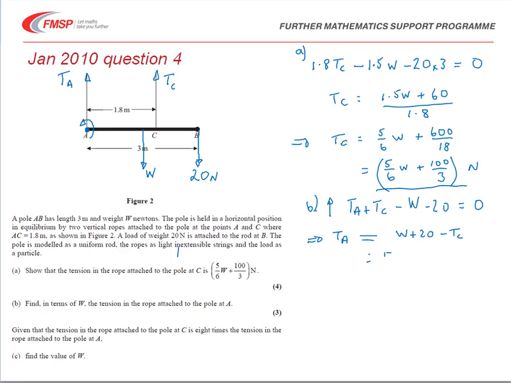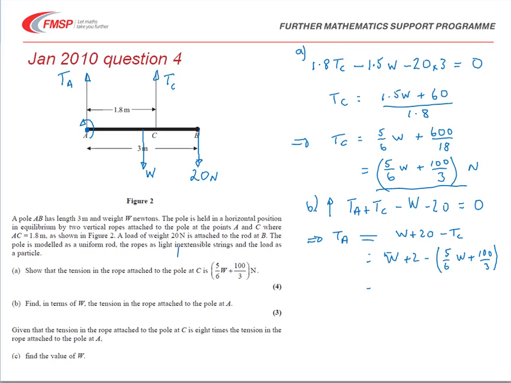This is W plus 20 minus 5/6 W plus 100 over 3.